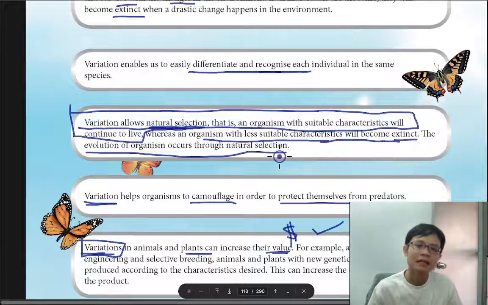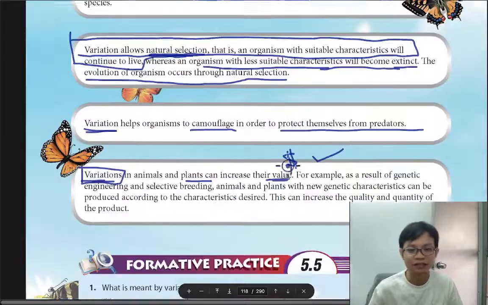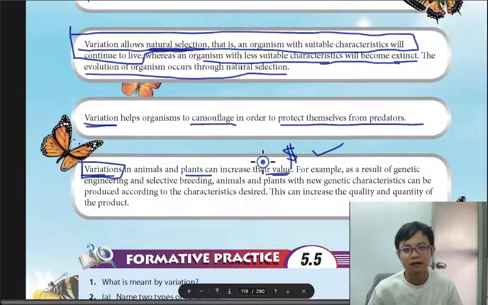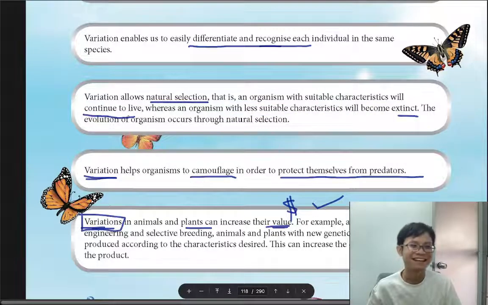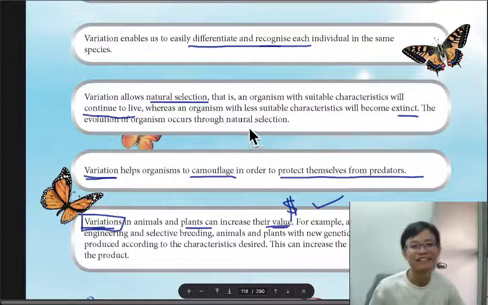So this is what science teaches, lah. What do you think? Difficult to answer. Yes, very difficult to answer.